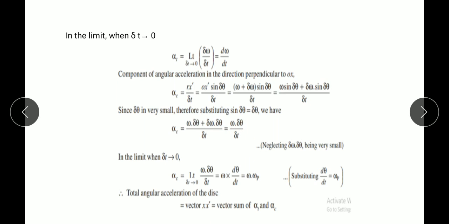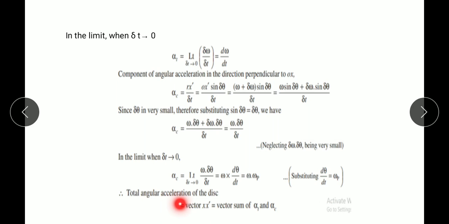Here we substitute limits: alpha c equals limit delta t tends to 0 of omega times delta theta by delta t, which in terms of differentiation is omega times d theta by dt. So finally we get omega times omega p, where omega p is the precessional angular velocity. Remember this term: omega p equals d theta by dt.